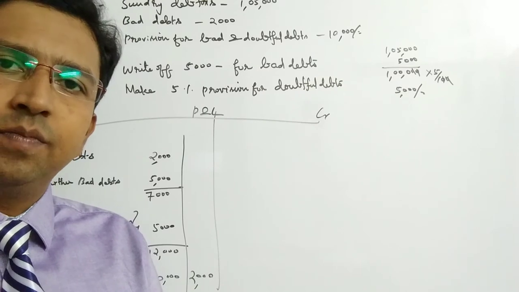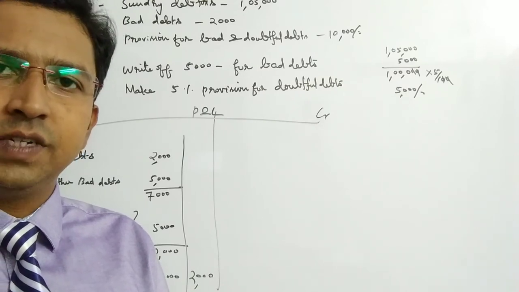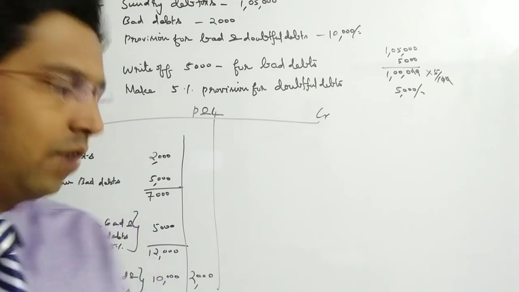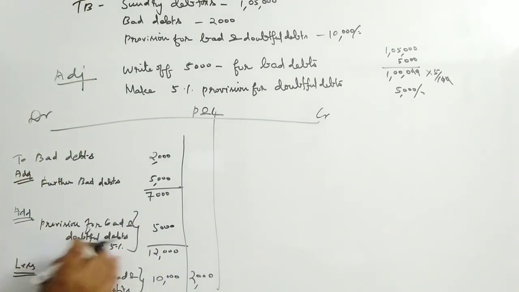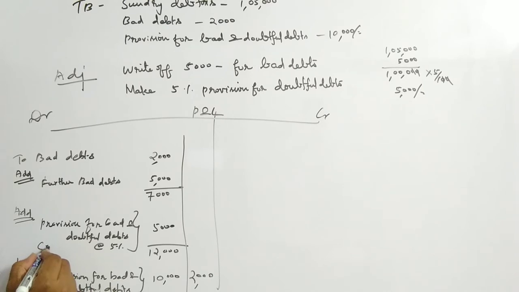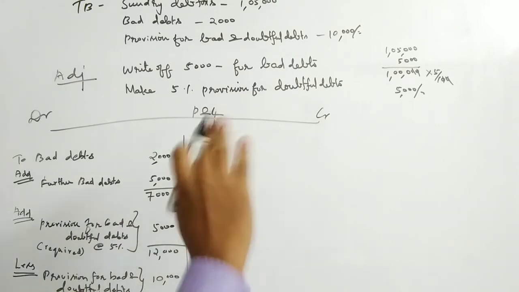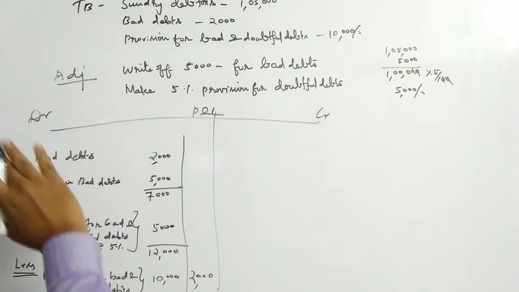Why should the previous existing provision be subtracted from the new provision? The reason is, it is not a new provision, it's a required provision, because after preparing the trial balance, we are making some adjustments, isn't it?